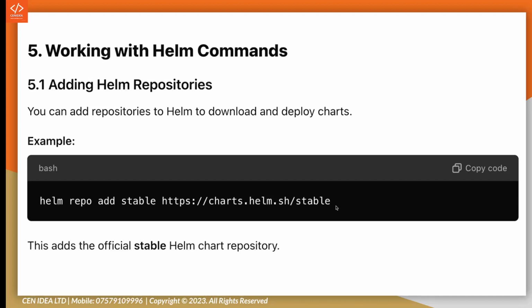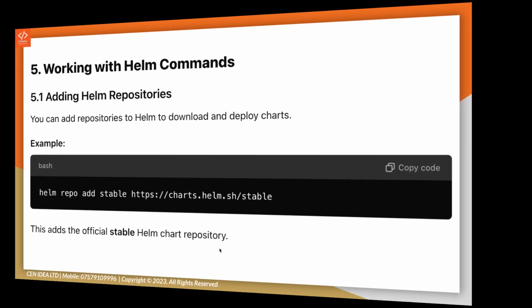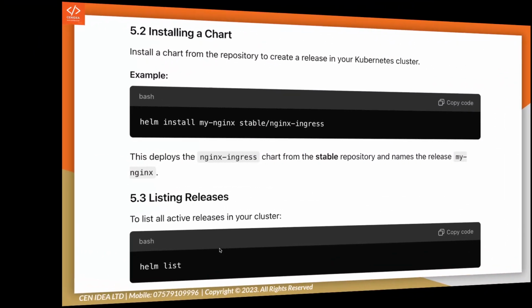You need to include that address on your machine so that you can then pull things from it. That is how it works in the repository, and the command is helm repo add stable, and you just give it a name. So this adds the official stable Helm chart repository to your local machine or to the local server, wherever you're running things.